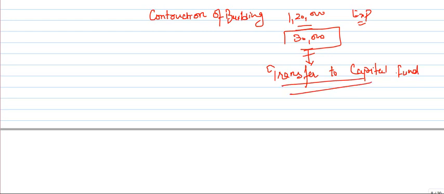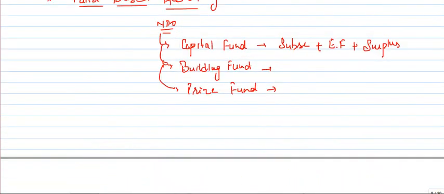Clear? So that means if any fund is created for a specific purpose, listen to this very carefully, you can write this down: if a fund is created for a specific purpose, then after the completion of that purpose, if there is a balance in the fund, that should be transferred to the capital fund. So this was a small but important point under fund based accounting.